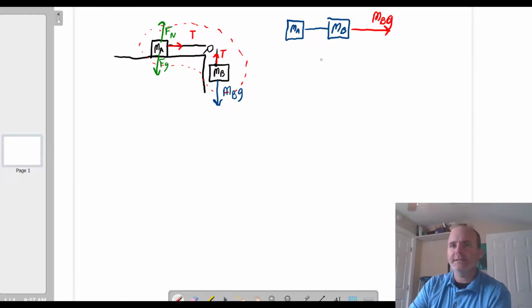So I'm going to sum my forces here, and that's equal to mass times acceleration.